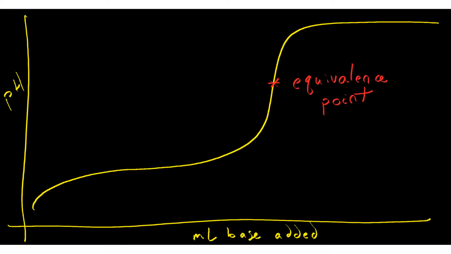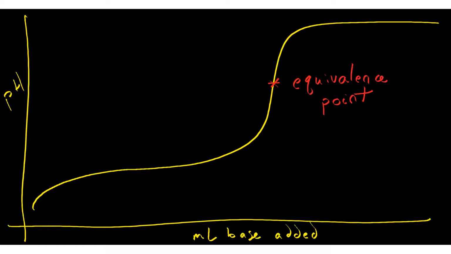And you get this sudden dramatic change because you have switched from the buffer region of the weak acid into the buffer region of the conjugate base. So it's gone from wanting to maintain this acidic pH to wanting to maintain this basic pH. Okay, so it's a very dramatic jump.